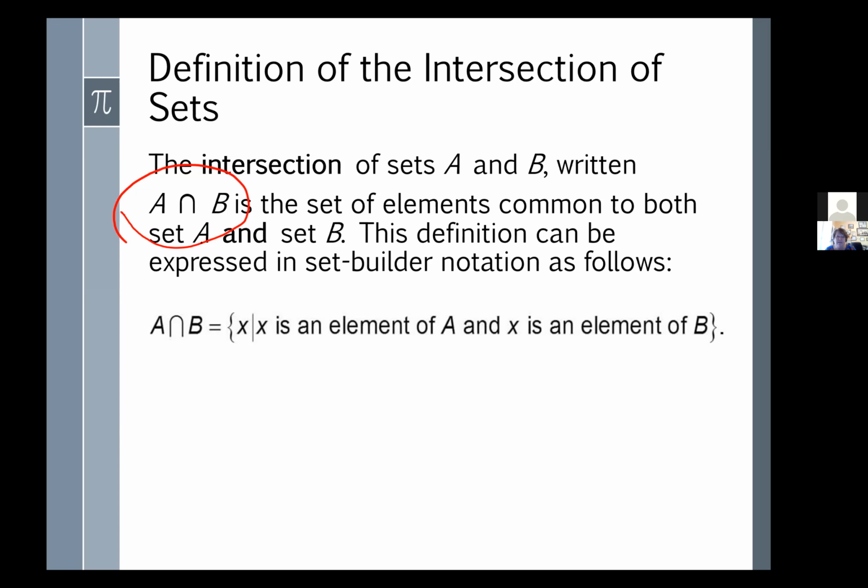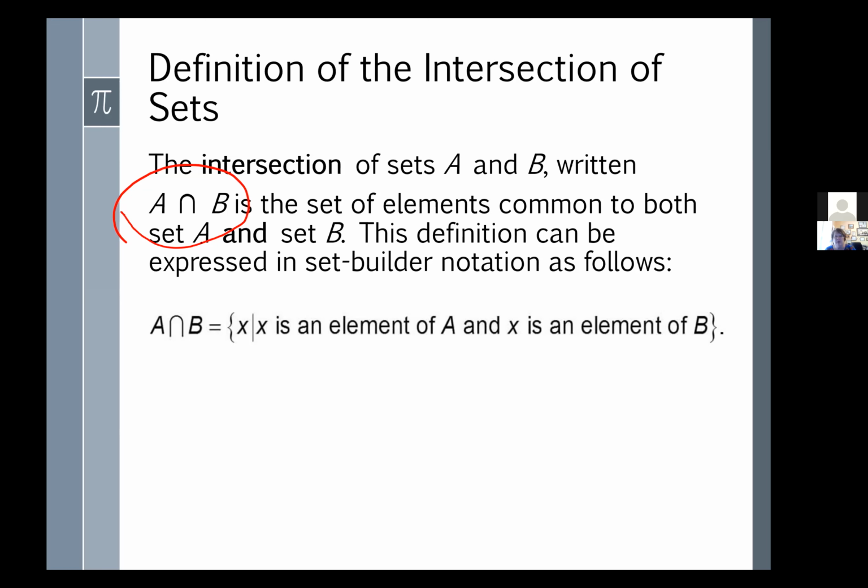So we can write this in set builder notation: the intersection of two sets A and B is the set of X such that X is an element of A and X is an element of B. So X has to be in both A and B to be in the intersection.